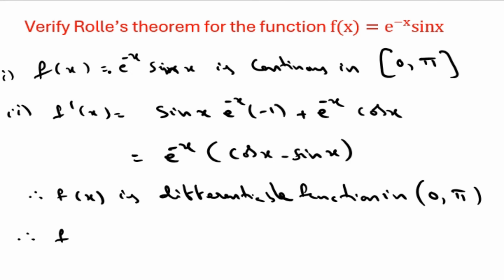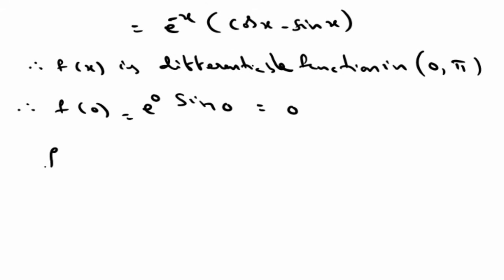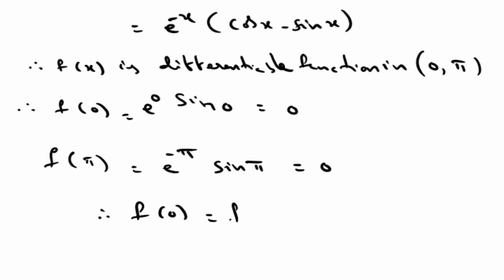Now f of 0 is equal to e power 0 sin 0, which is equal to 0. f of pi is equal to e power minus pi sin pi. Its value is 0. Therefore, f of 0 is equal to f of pi.